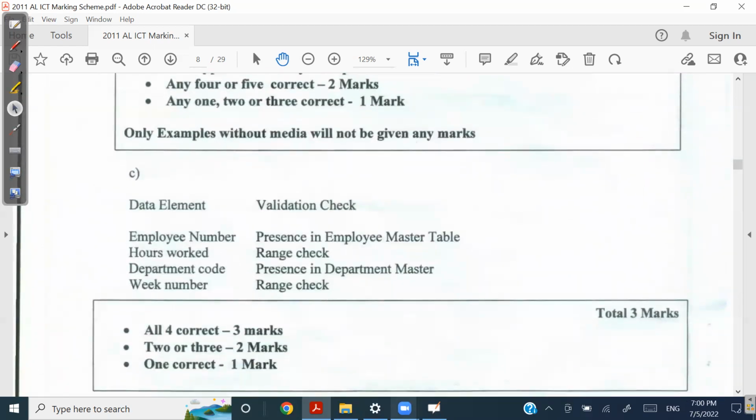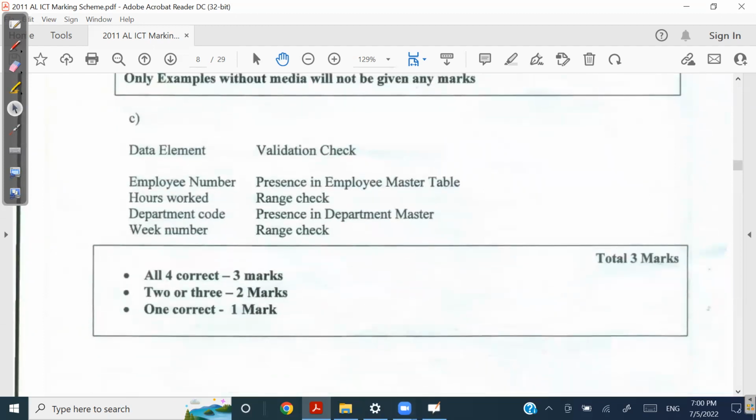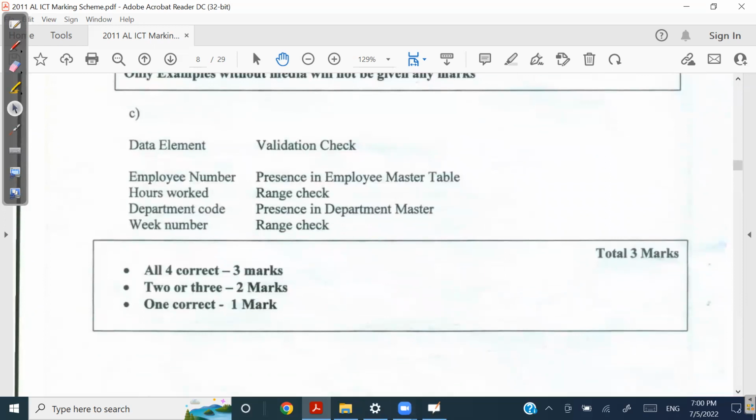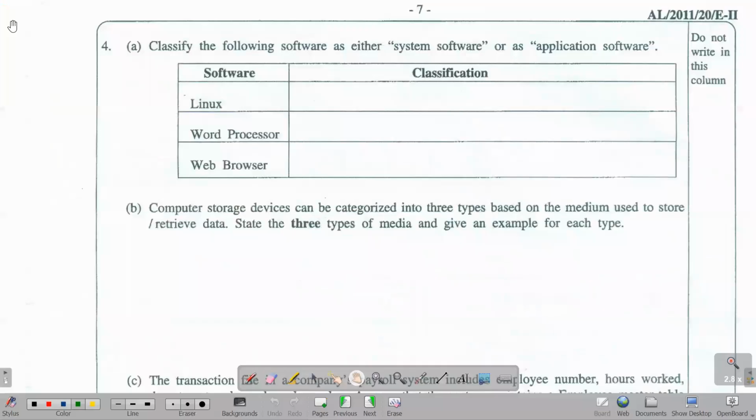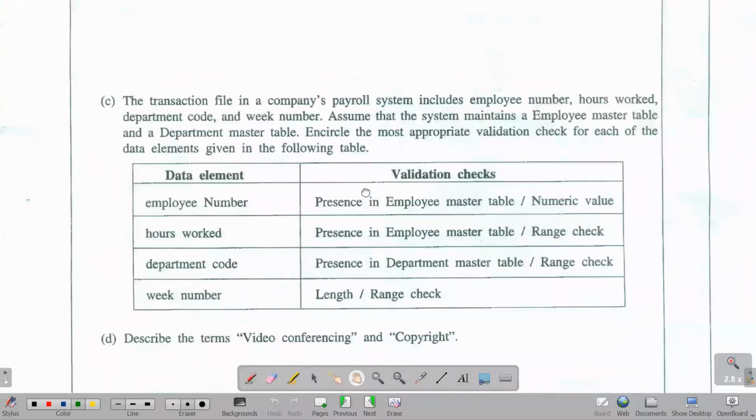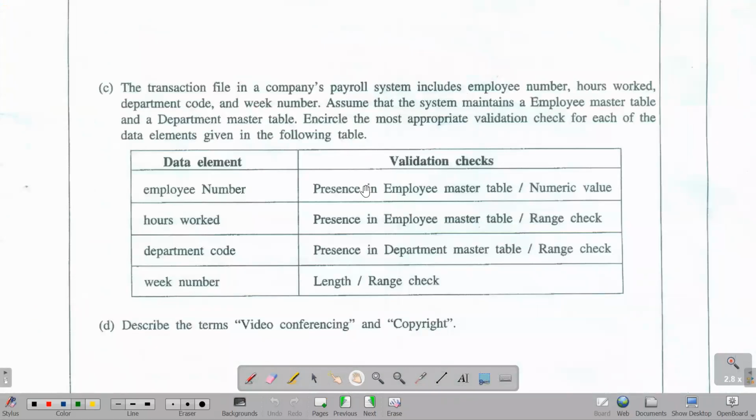Then they are asking what kind of validation check we can use. They say the transaction file in the company payroll system includes employee number, hours worked, department code, and week number. Assume that the system maintains an employee master table and a department master table.